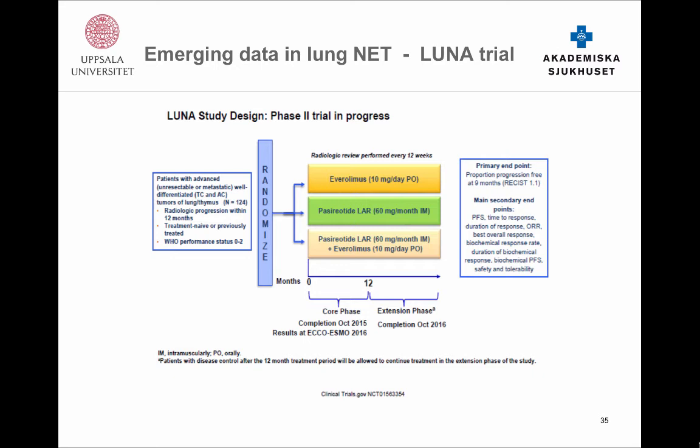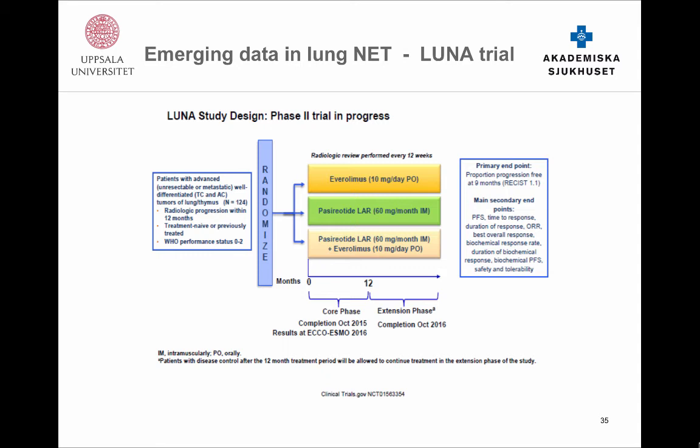So, what can we wait for in the future? I think Eric is going to talk about the trials, but I just mentioned the LUNA trial, which I've been deeply involved in myself, and that is a combination of pasireotide, which is another somatostatin analog. This somatostatin analog is binding to receptors 1, 2, 3, and 5, not 4. And it's used for acromegaly and also for Cushing's disease.